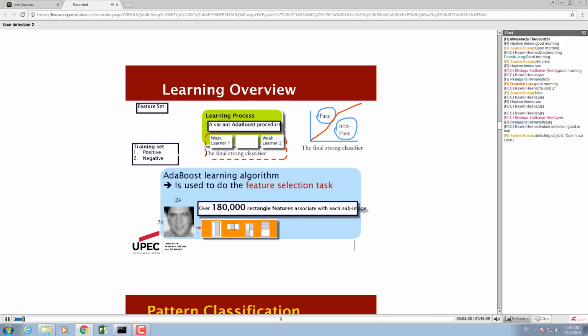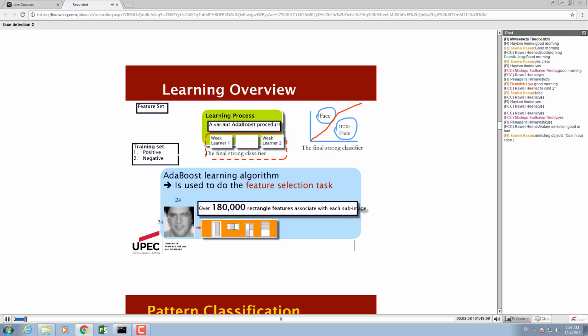Okay. Detecting objects, it is kind of the global target of the whole algorithm. But specifically, for AdaBoost training in this face detection system, the main purpose, as Raul answered, is feature selection.